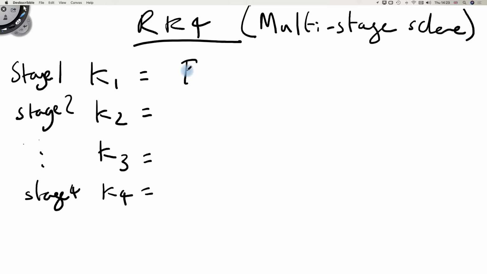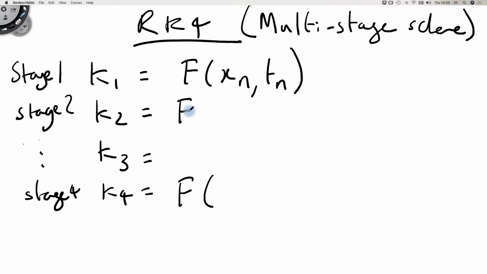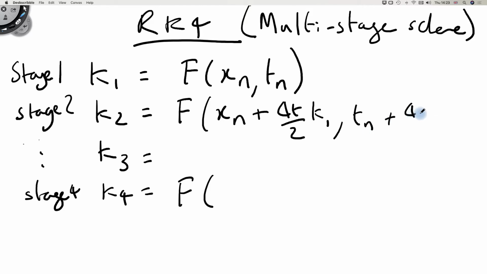So K1 again is our function right at the start of the time step. And let's just do K2. It is an evaluation kind of in the middle. Looks a little bit like the midpoint algorithm. In fact, this stage is like the midpoint algorithm.